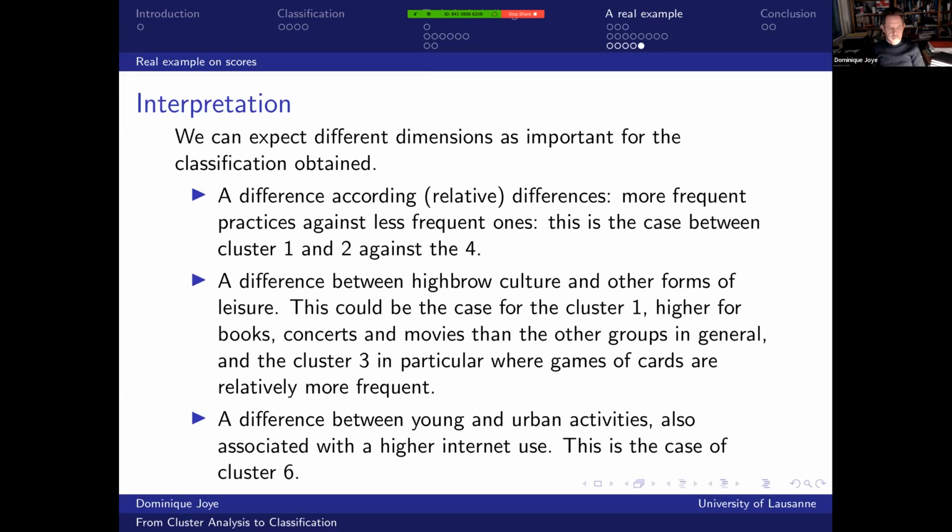And this goes between age, between situation, between urban and rural, or it could be general activity, or it could be this Bourdieu perspective about highbrow and not highbrow activities, and so on. And it's because I have this background that I am able to do this kind of interpretation. And I think that's also a very important part of the activity.